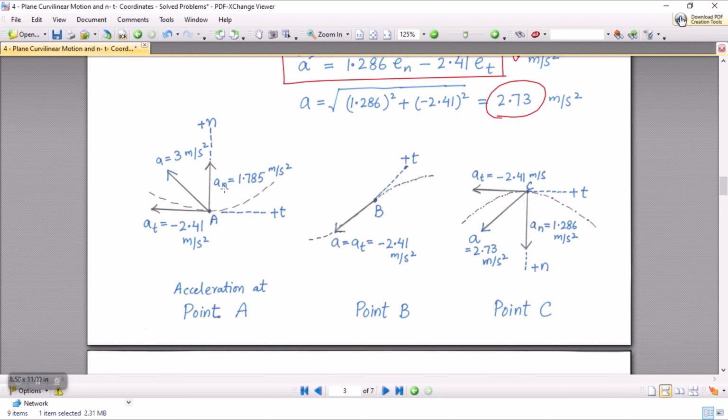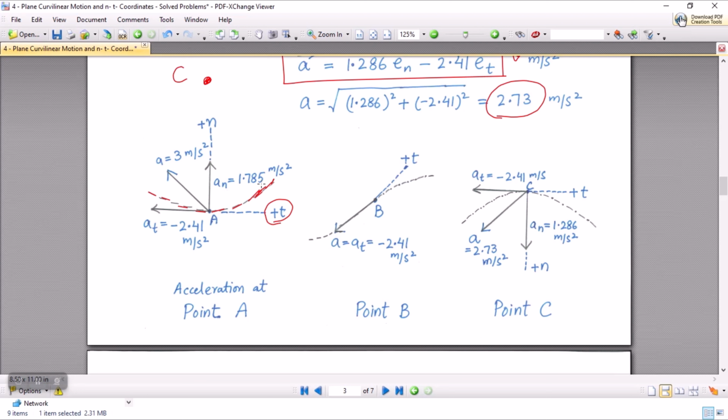Graphically, let's write both the n and t components at all 3 points. So at point A, if you remember, the curve was like this. It was concave upward. A point was the deepest point of that curve, right? So at point A, I can draw the positive t and positive n axis. Positive t axis will be towards my right, positive n axis will be towards center of curvature, which will be somewhere here, for example, right? So I can write the acceleration vector, both components, using these two axes now.